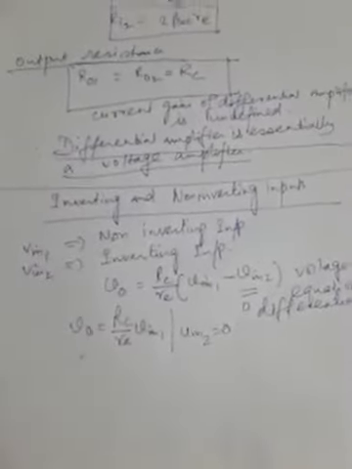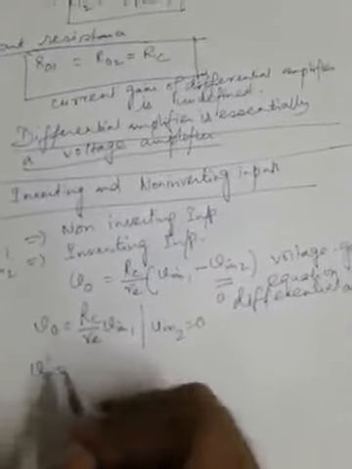So the particular input terminal to which V in 1 is applied should be called the non-inverting input, because there will not be any phase change between the input and output voltages when the input is applied to the non-inverting input.